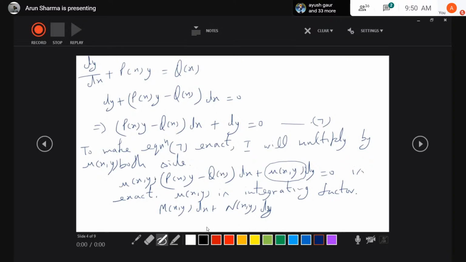For example, if this mu xy is x into y, that means I have multiplied this equation by y, and I can't do this.